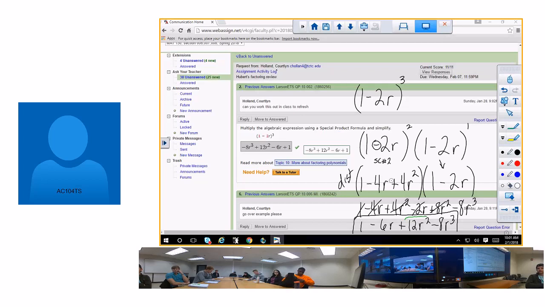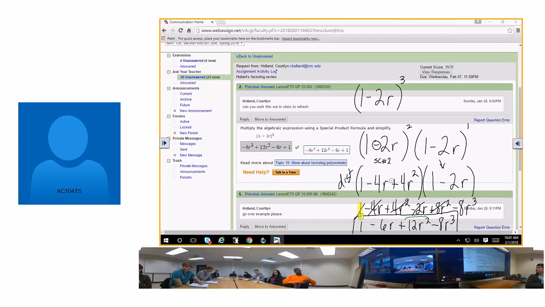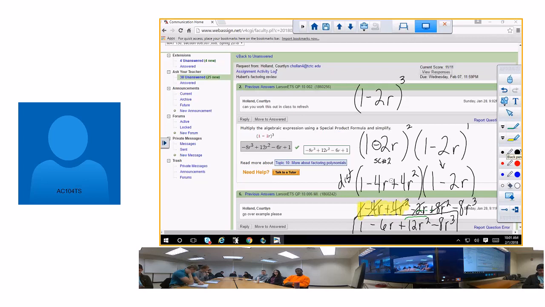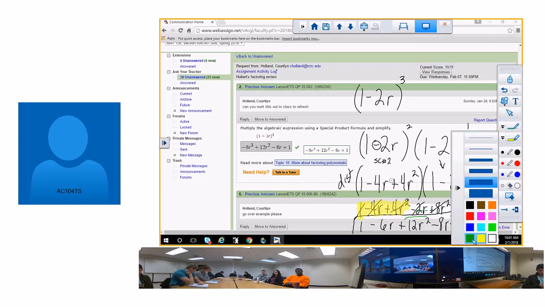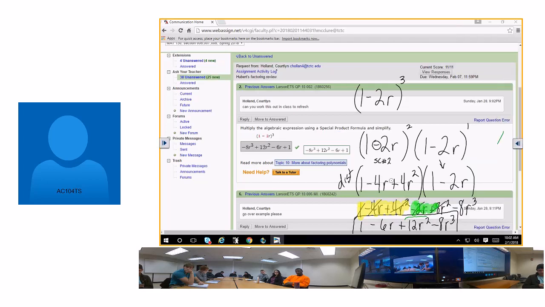So what I did is I multiplied the 1 by all of this, and I got this. Then I multiplied the negative 2r over, and that's the distributive law. And I got this. And then I combined like terms.